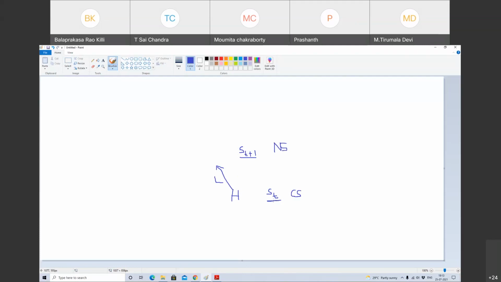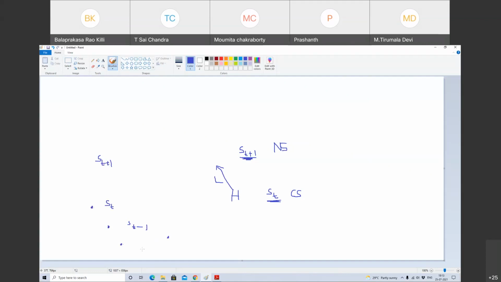So based on the current state alone, if we can decide what is the next state, this is one thing. The other thing is, in order to determine your next state, not only the current state, you have to know all this sequence of states. Let us say at time t minus 1, the helicopter was here. At time t, it was here. At time t minus 2, it was here.